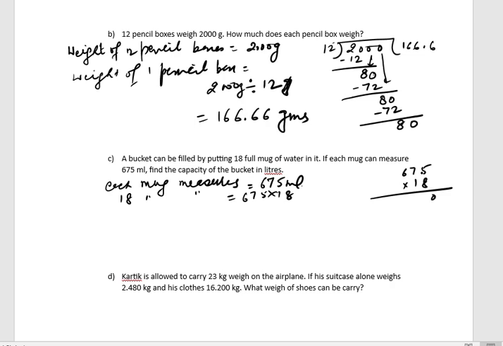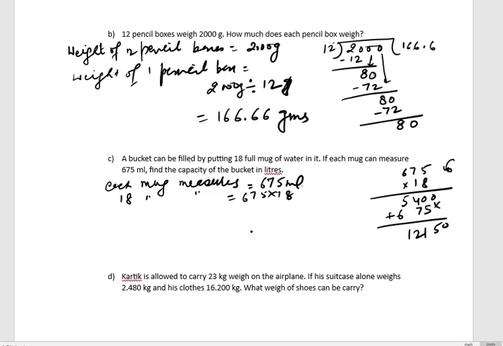8 5s are 40, carry 4, 8 7s are 56 plus 4 will be 60, 8 6s are 48, 48 plus 6 will be 54. Put a cross here, and as we have to multiply, we can write straight away 5, 7 and 6, add them. 0, 5, 7 plus 4 will be 11, carry 1, 5 plus 6 is 11, plus 1 is 12.